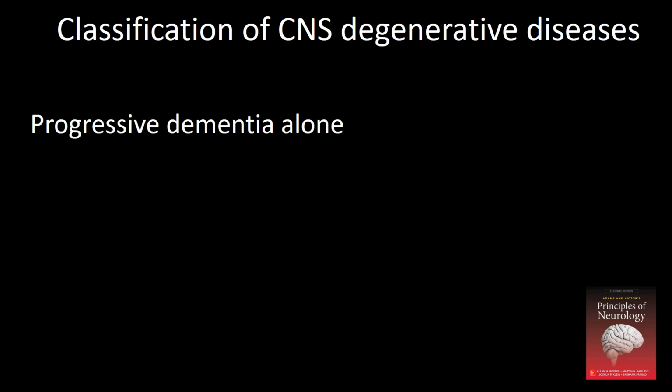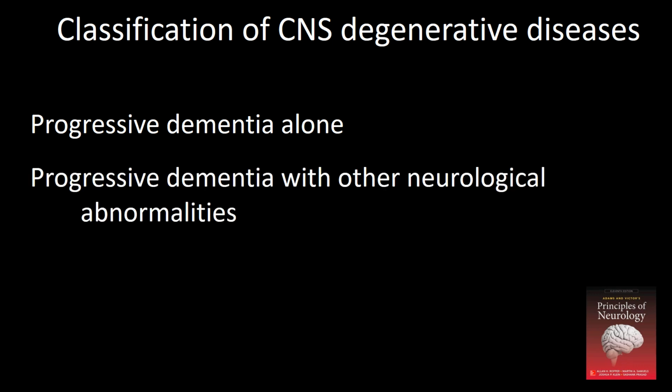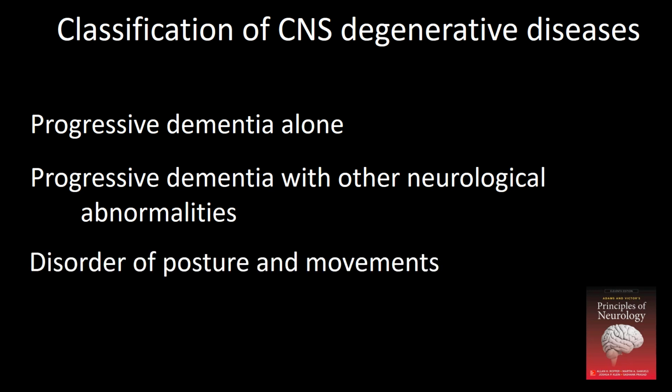In Principles of Neurology, CNS degenerative diseases with the stated limits are classified as progressive dementia alone, progressive dementia with other neurological abnormalities, disorders of posture and movements, and progressive ataxia.